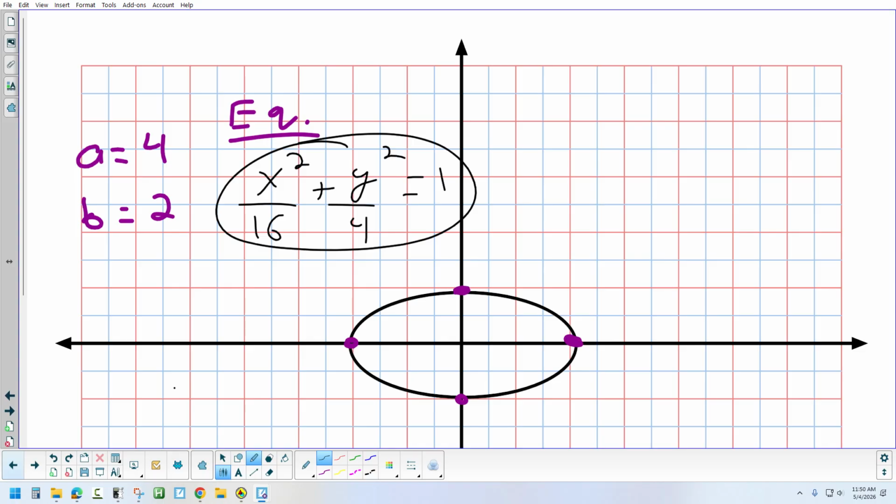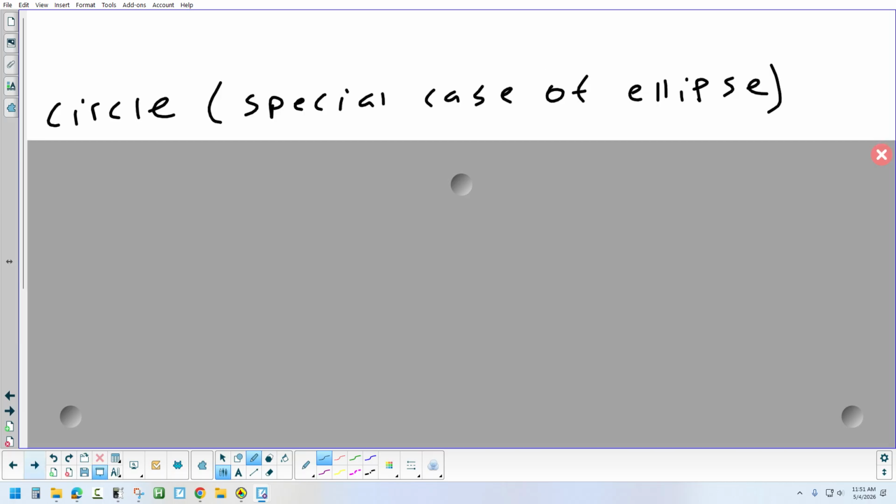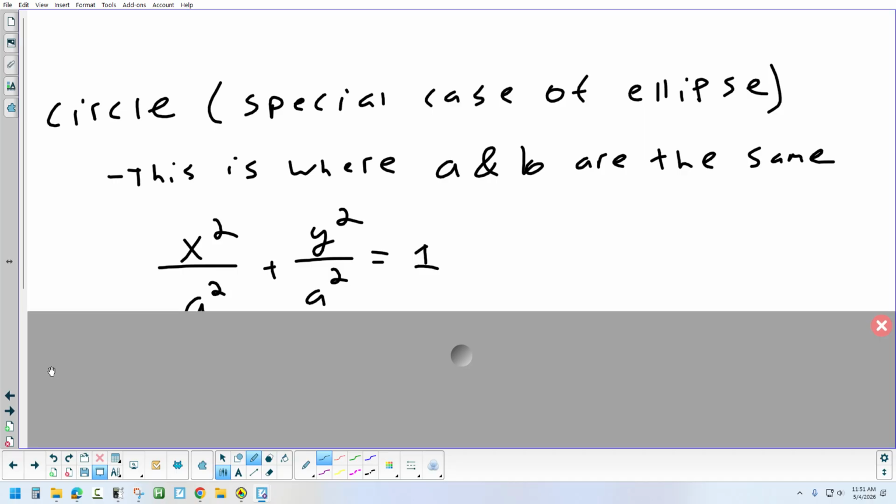The A and the B are the same. So what are the A and the B? The distance from the center to the vertex and center to minor axis. So if this is your center, and let's say you had a vertex 2 units right and 2 units left, then you'd have another point 2 units up, 2 units down. And that would create your circle. Okay, so the A and the B are going to be the same.